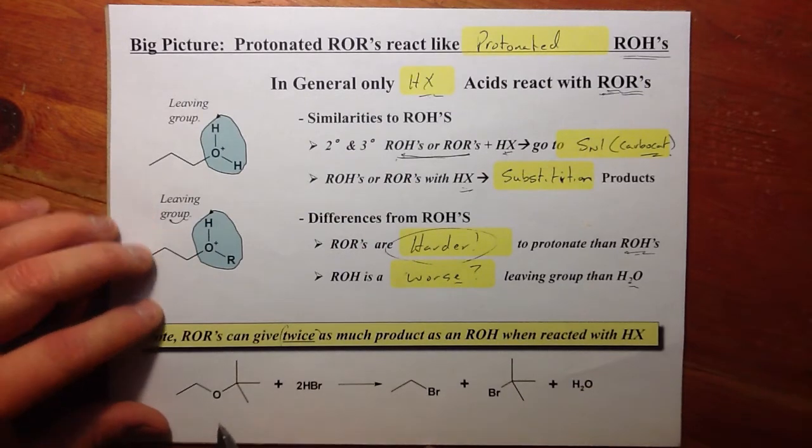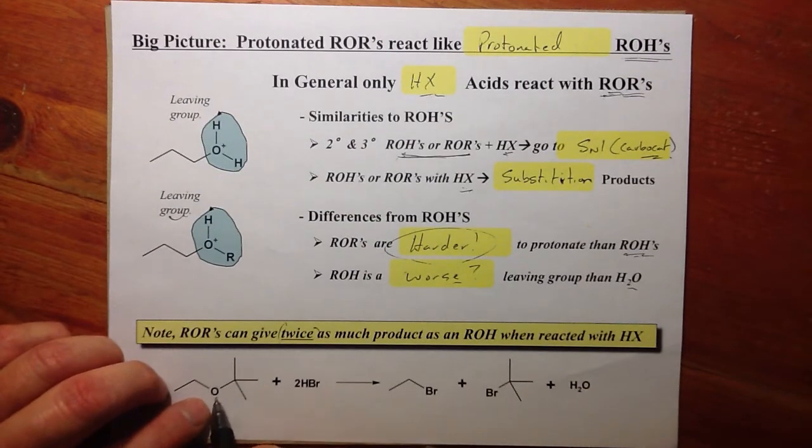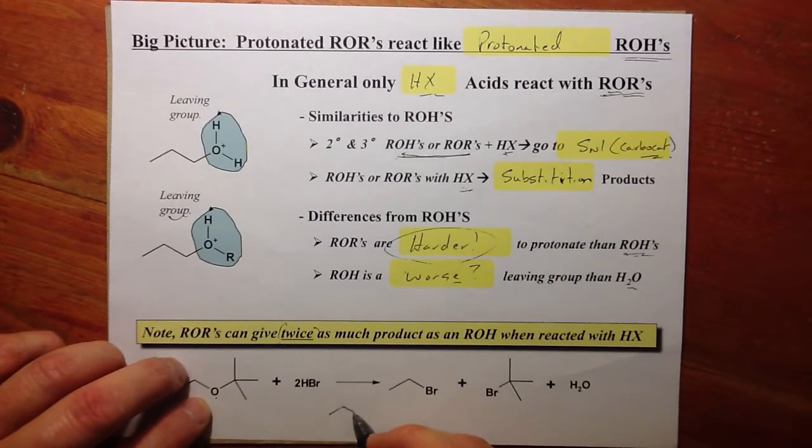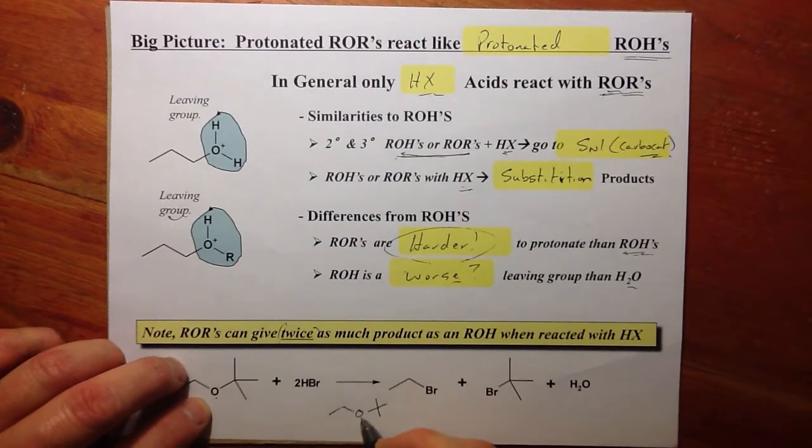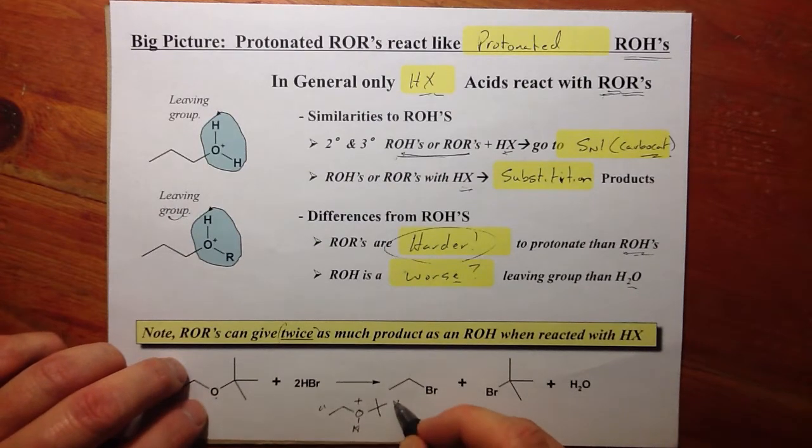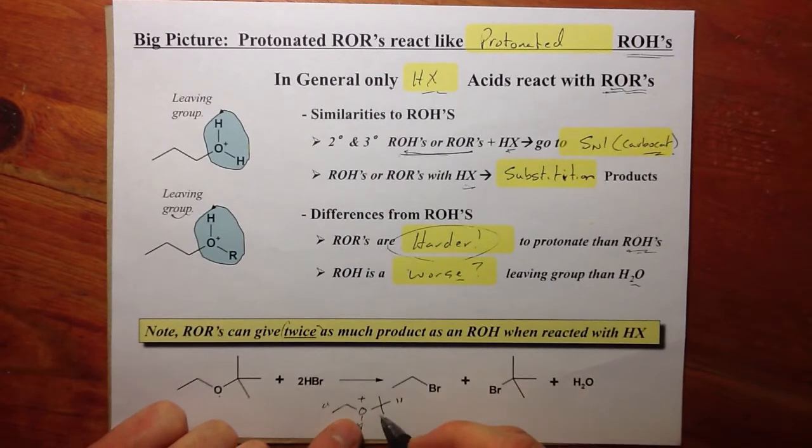Why? Well, you can kind of think of it this way. If we protonate the oxygen, let's just show that here. If we protonate, again, we're going to have a little bit of this, a little less than what we had with alcohols. If we protonate, we really have two carbons that can, in the end, be connected to the bromine. So we're going to have one carbon maybe attacked in one step.